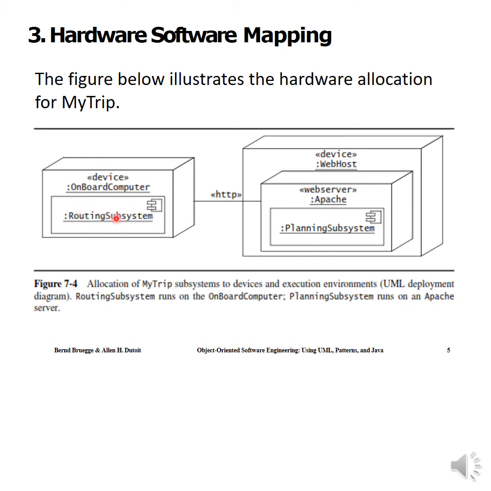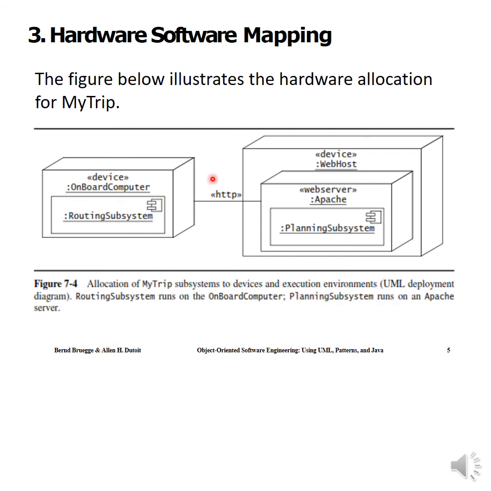As we have already discussed this case study, you are familiar that the routing subsystem will be on the onboard computer. This device indicates the node or the hardware. But the planning subsystem is a web-based service, so it is on the internet host. So MyTrip has two nodes.